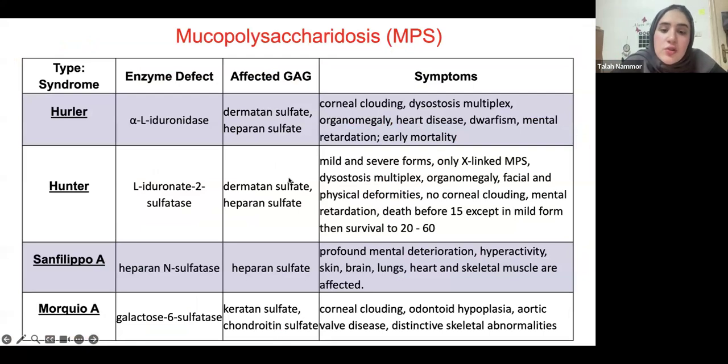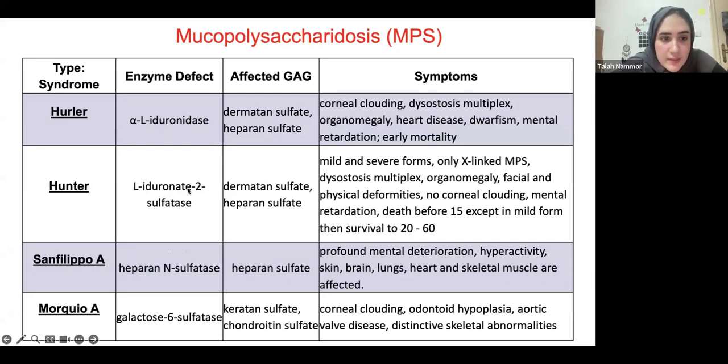This is just a revision. I don't even know if you guys need to know Sanfilippo A and Morquio A, I have zero idea. But you have to know Hurler and Hunter. If you look, Hurler and Hunter are both iduronidase, okay?